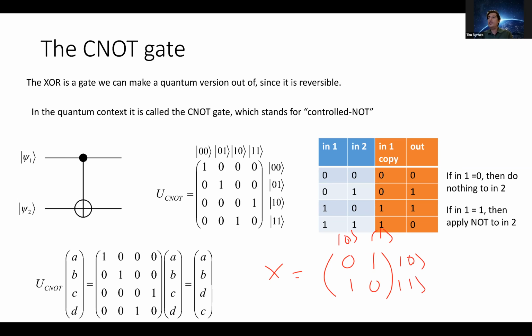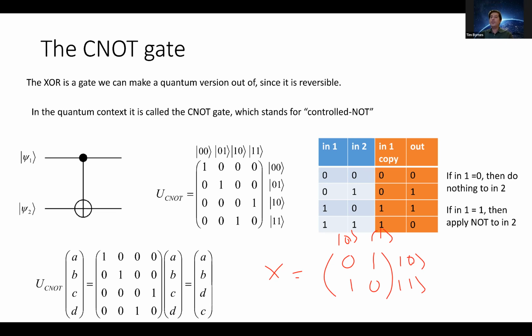In the case of the X gate, I would write the basis ordering convention explicitly. It's not like in the single qubit case. I think everybody just intuitively realizes the ordering is 0 and then 1. But in the two qubit case, it might not be so obvious what the convention of the ordering is, right?